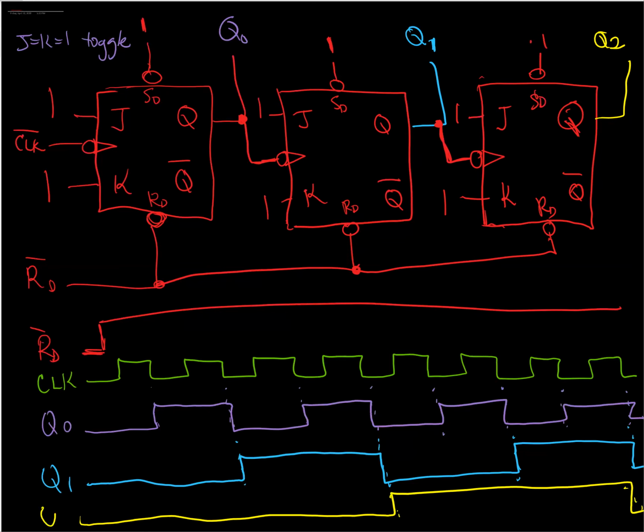So if we turn our head sideways and we look at Q2 and Q1 as a binary number, this is our most significant bit. This is our least significant bit.